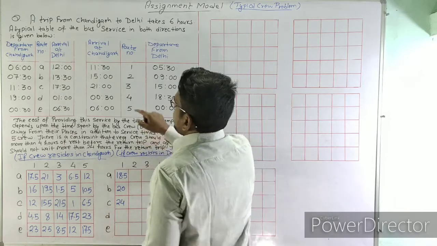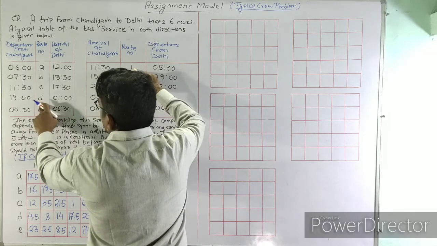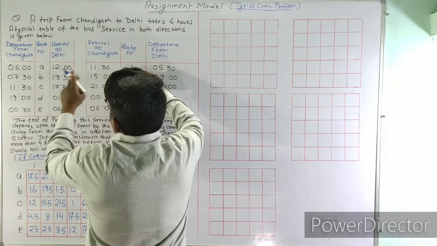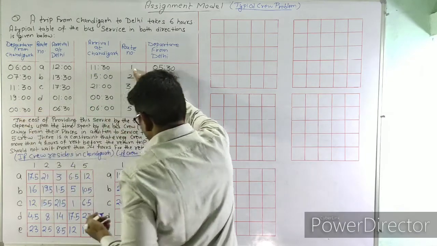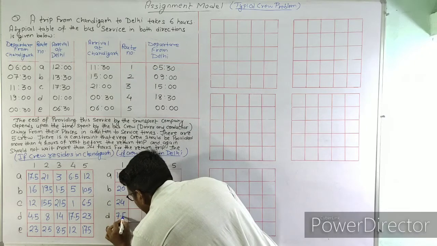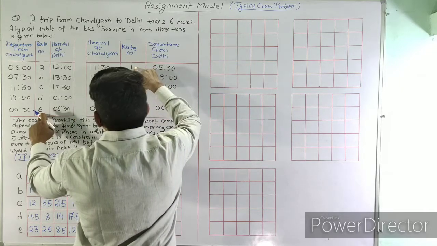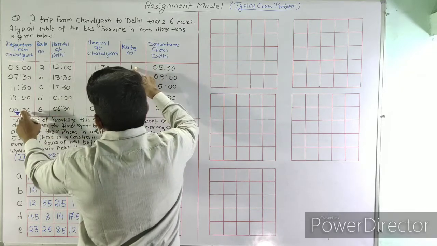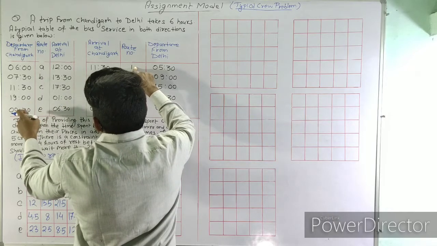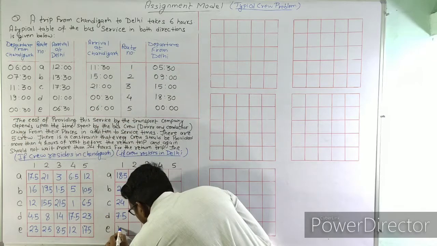Okay, so if it arrives from route 1 and departs from route D, so the time here will be 12 plus 7.5, so this is 7.5 hours. And if it arrives from 1 and departs from E, the time here is 11:30 to 11:30, 12 plus 13, this will be 13 hours.